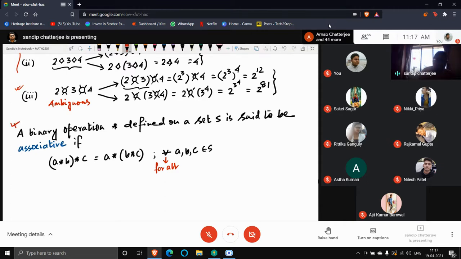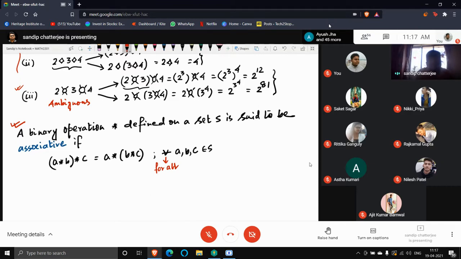This is a very important property of a binary operation. If our binary operation is associative, or if the associativity holds, then we do not have to think about the order. We can bracket them in any way we like. We can group them in any way we like. So that is one observation that we are getting here.